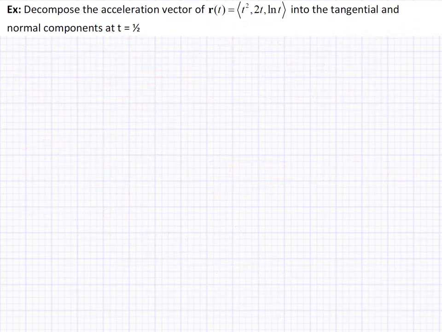All right, we have two more to go, a sub n and n. So remember, what do we have? We have that a at a half equals 2, 0, negative 4. That's what we're decomposing.